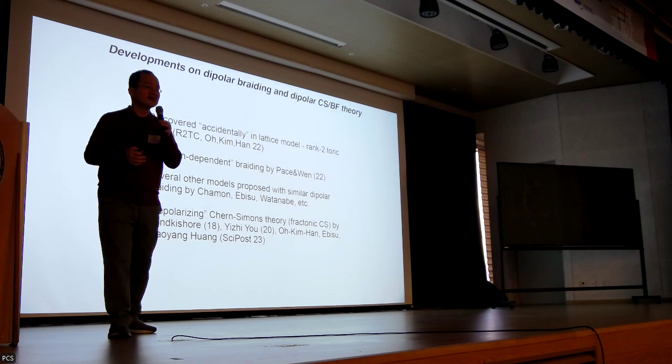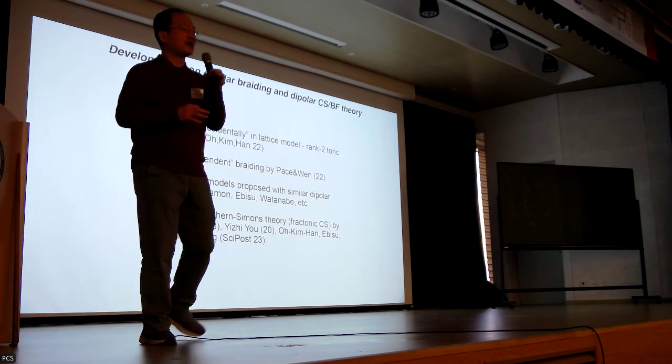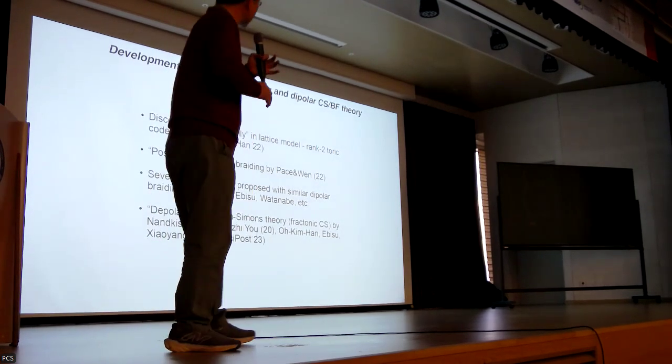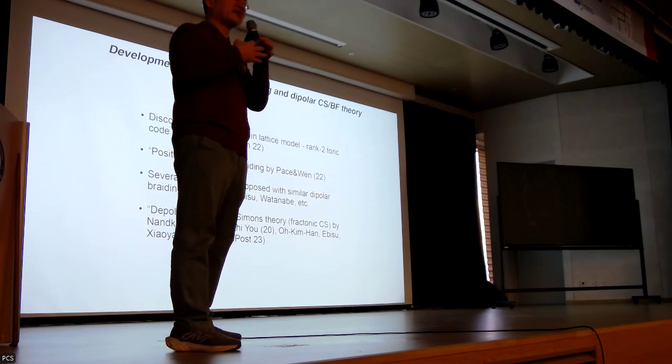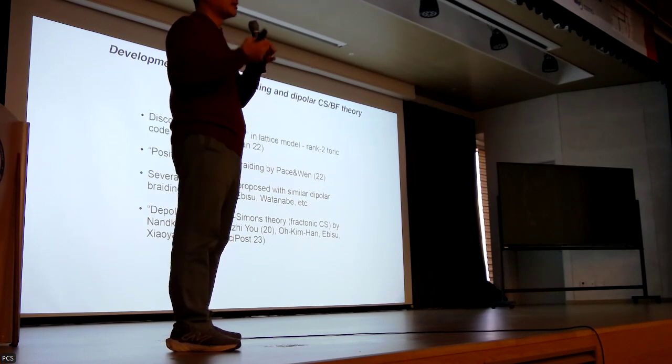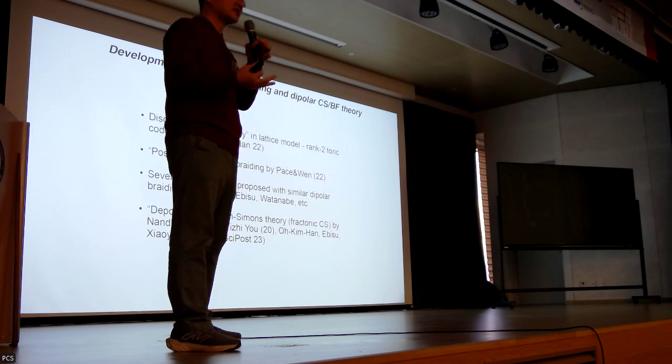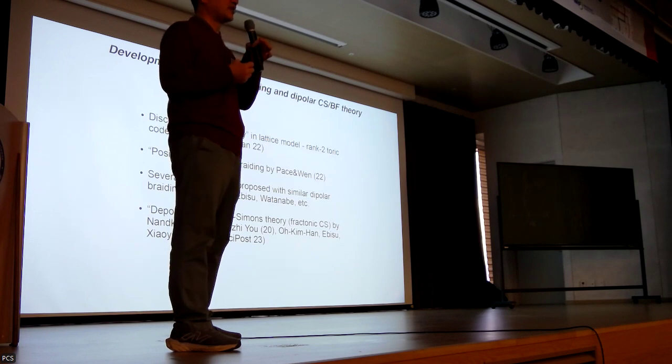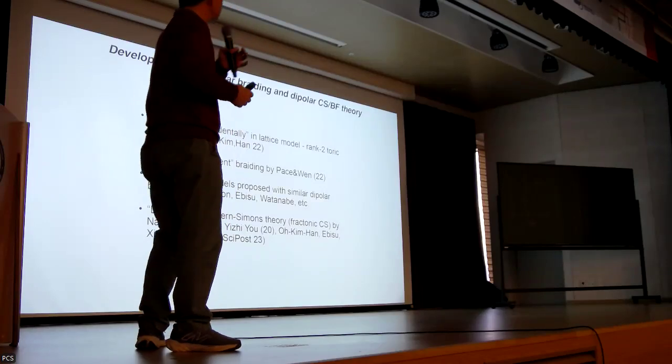And then, incidentally, a couple of other lattice models came up almost within the span of less than 2 years, which all discovered the same feature of anyon gradings that are position dependent.